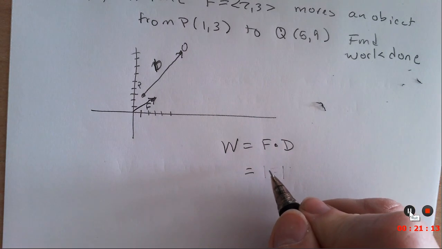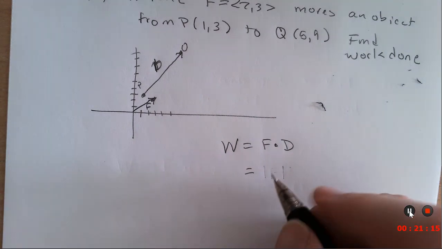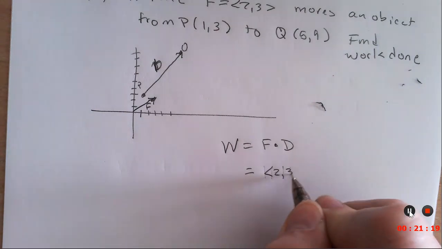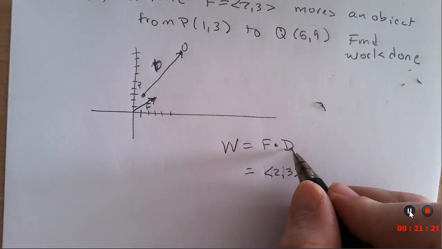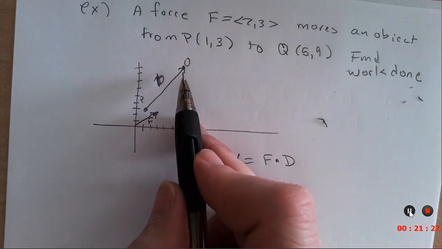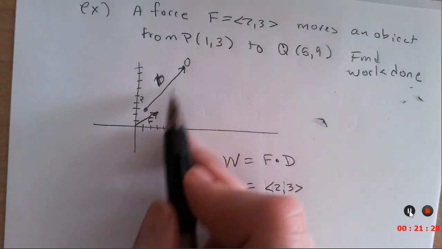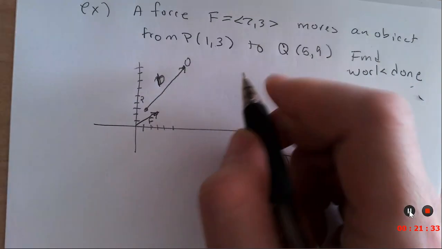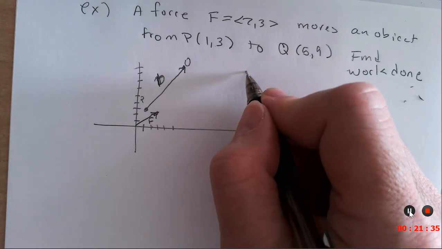So we're just going to do the dot product. So the force vector is the vector 2, 3. We don't have the distance vector exactly. We could work it out by kind of counting things out on our graph. Or remember the vector that connects these two.